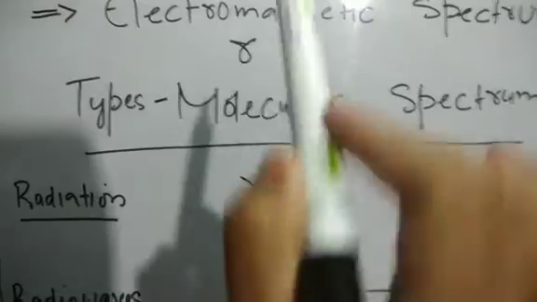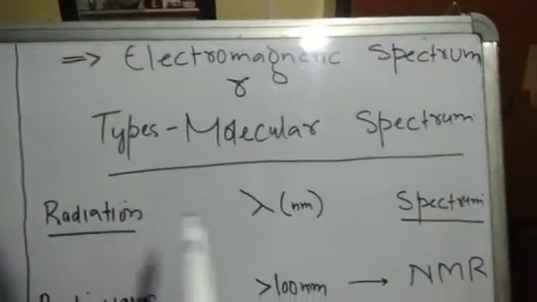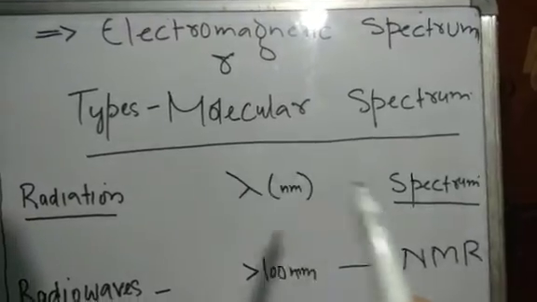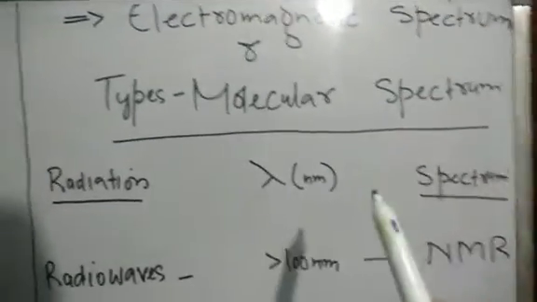That's called a molecular spectrum. So here you can see the table. This is radiation, this is the wavelength of the particular radiation, and this is the spectrum. That means which type of change will occur and what is the terminology we use.